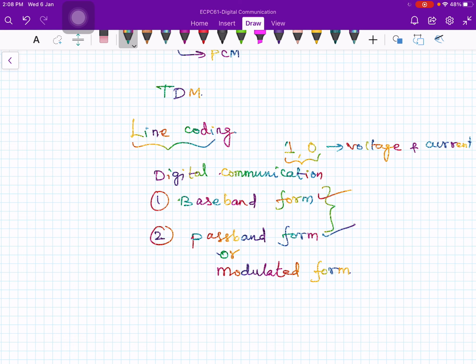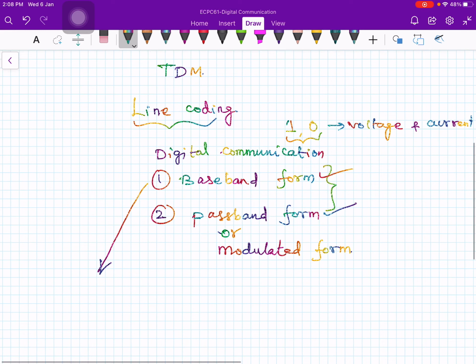Baseband digital communication techniques involve a number of concepts. Let us look at a few of them. The baseband form depends upon what kind of pulse shapes you are going to use, and the concept of inter-symbol interference that arises due to band limitation on a channel.